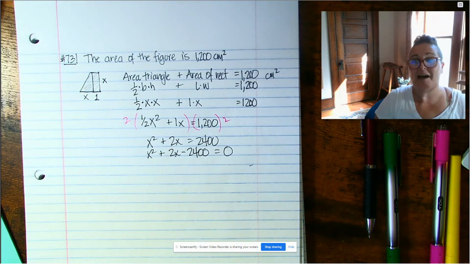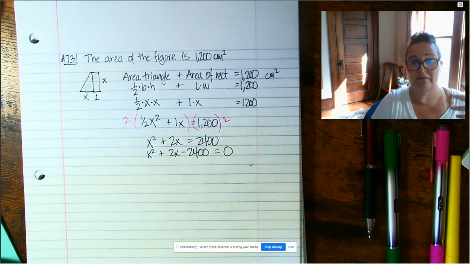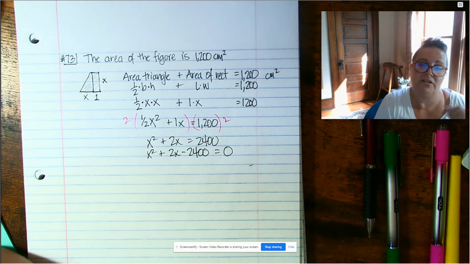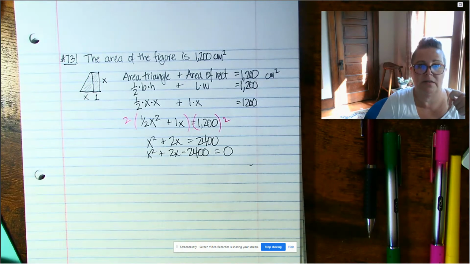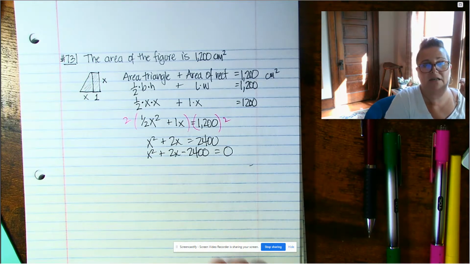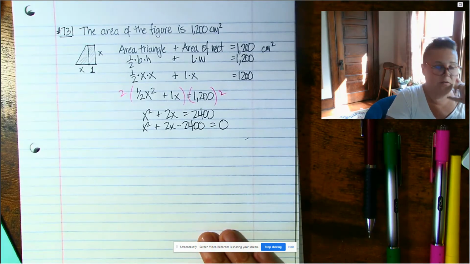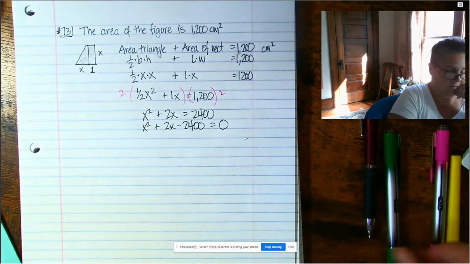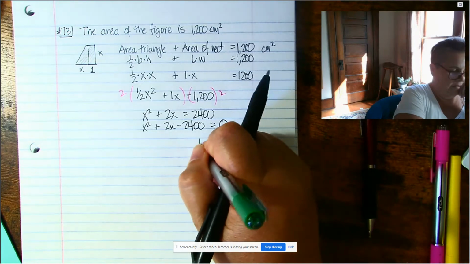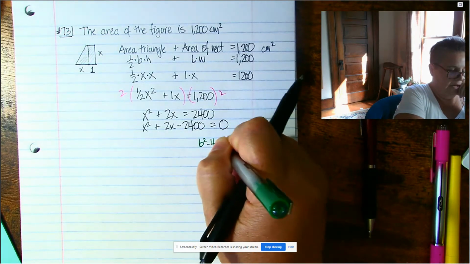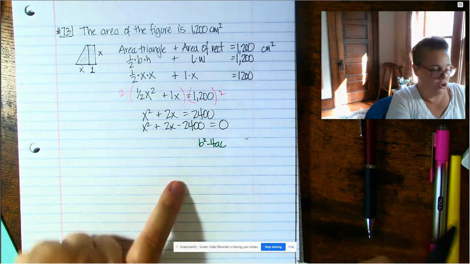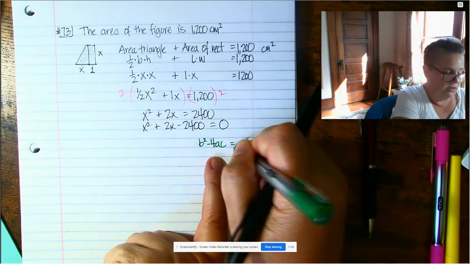All right, couple of different things we could do here. I actually might have been quicker if I'd used completing the square, but it's okay. So if I go ahead and use the discriminant, b squared minus 4ac, let's just make sure that I'm going to get real number solutions.